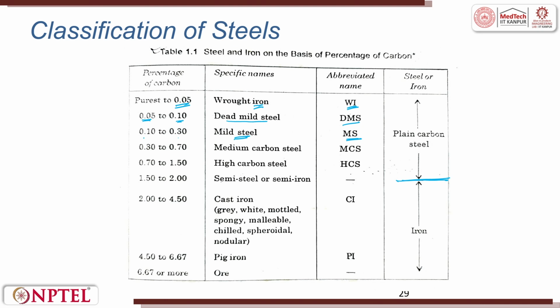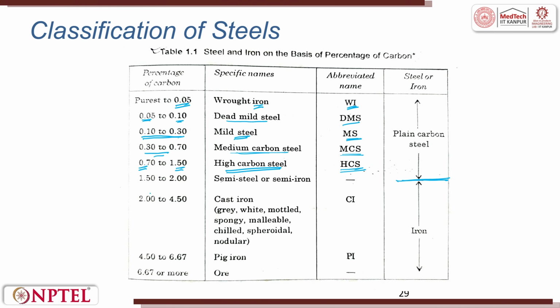In mild steel, you will have a carbon content up to 0.30, and from 0.30 to 0.7, we make medium carbon steel, which is MCS. And from 0.7 to 1.5, it is called high carbon steel, HCS.